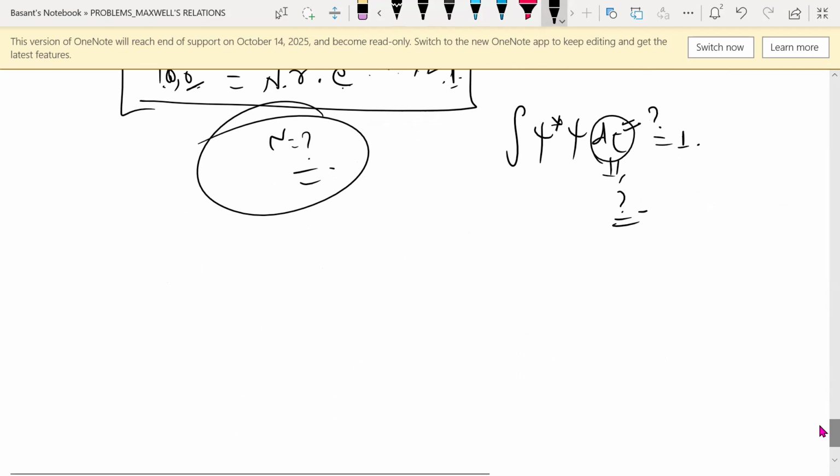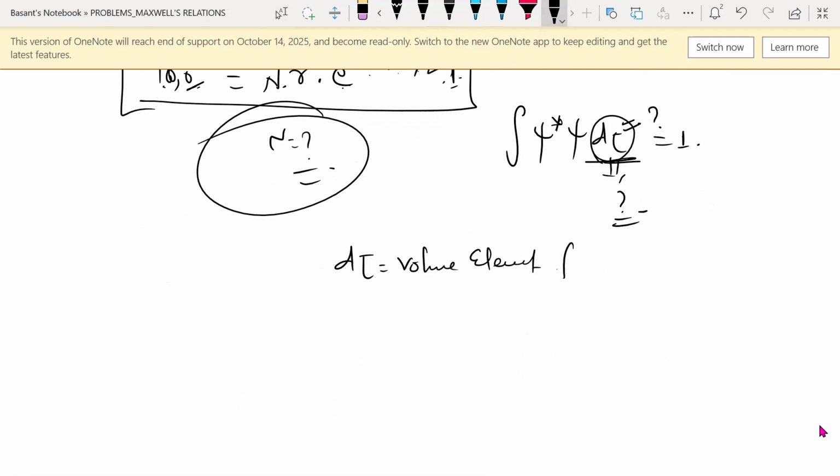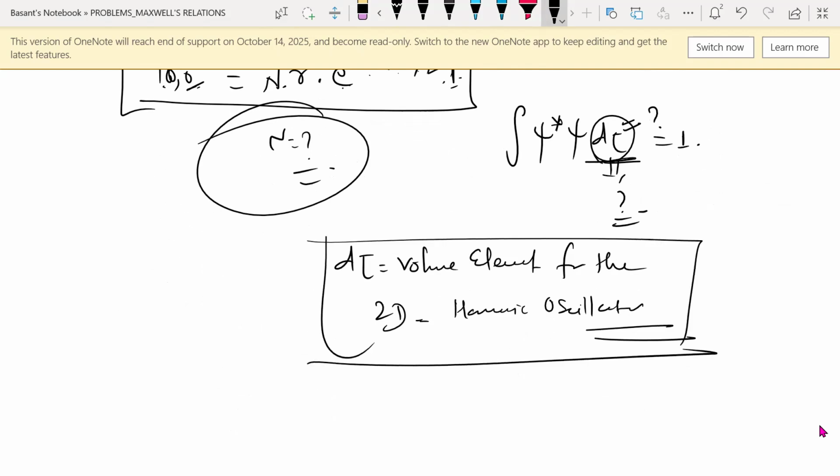So first of all, I have to see what is the volume element for the two-dimensional harmonic oscillator. Okay, for the two-dimensional harmonic oscillator. And this is another important term for the examination.